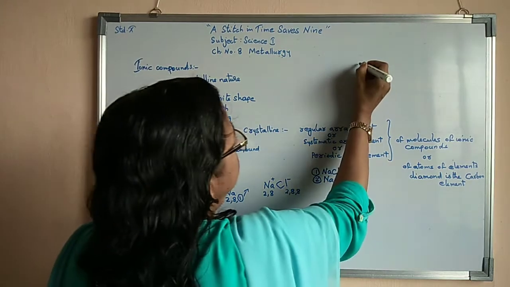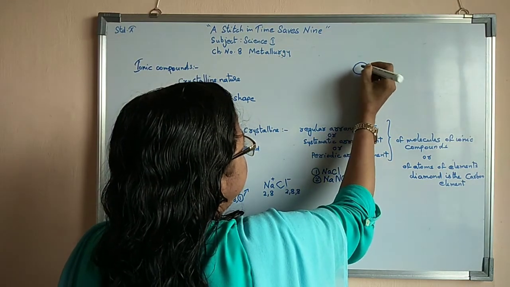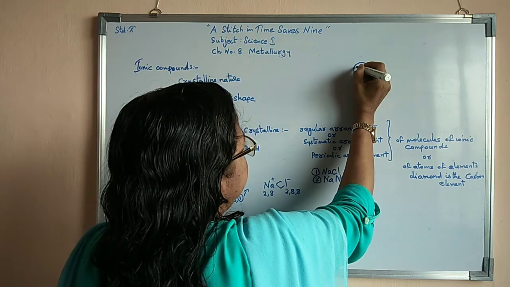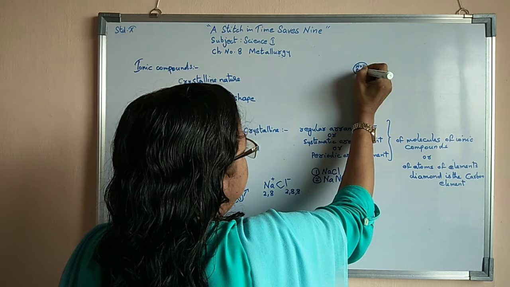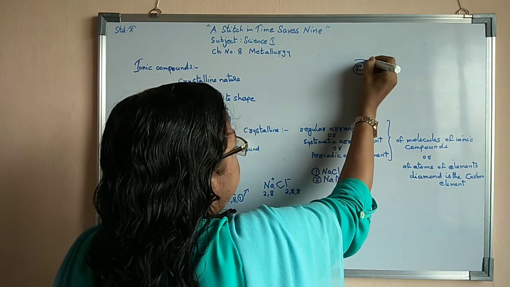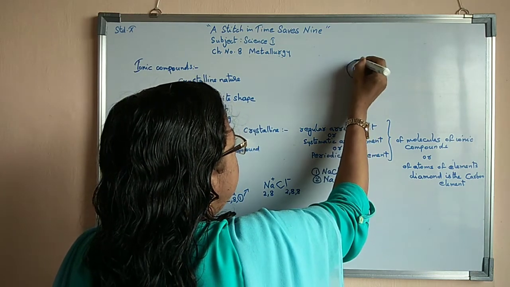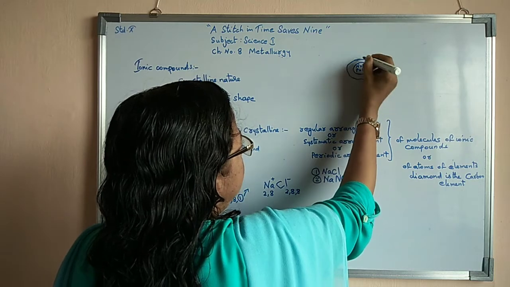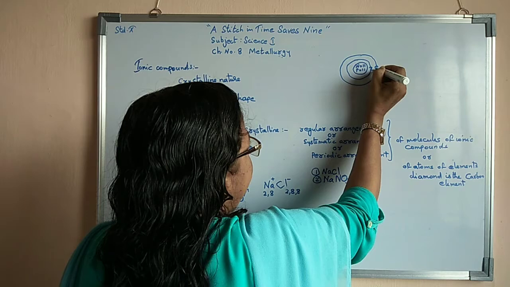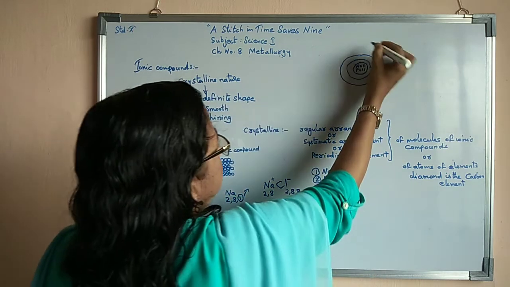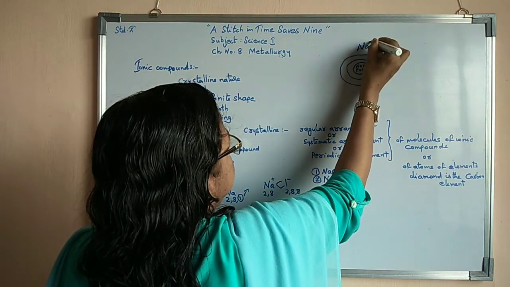This is the nucleus of sodium. I am writing here neutrons number 12, protons number 11. At the same time, the first orbit has 2 electrons and the second orbit has 8 electrons. This is the sodium ion.